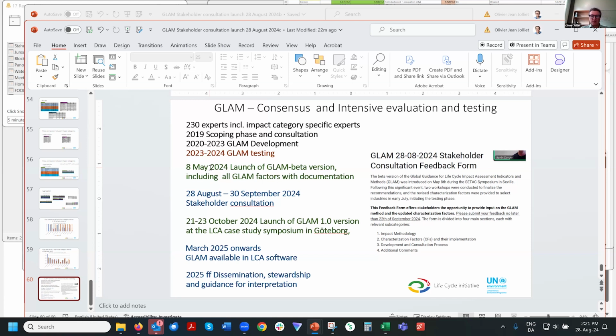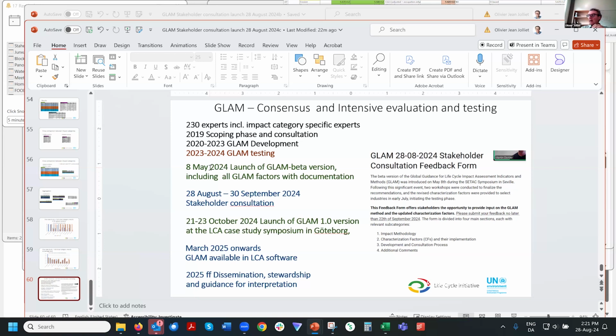So as we say, between October, it will probably take until March, and then it will be in the next probably SimaPro version. We are open also to support, of course, Gabi, OpenLCA, Brightway, or other, perhaps non-specific, LCA software who are interested in taking it.